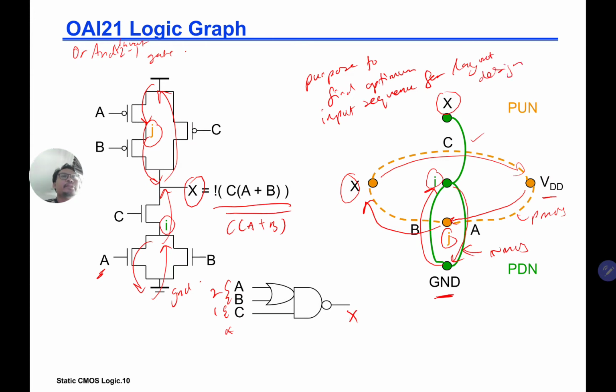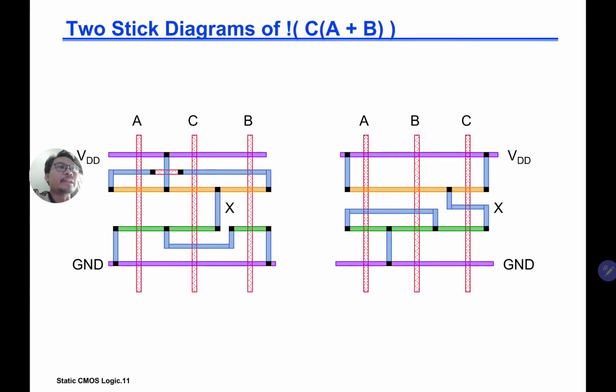The sequence can be ABC, ACB; we have 3 inputs. So what is the optimum sequence? For that we have to use the so-called Euler path. We need to find the Euler path.